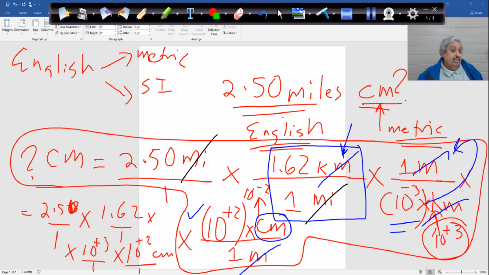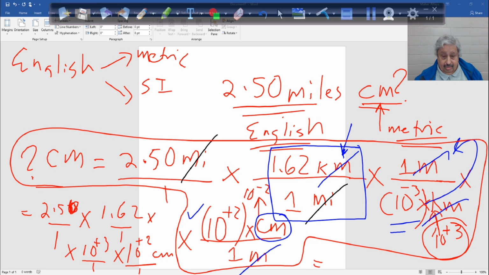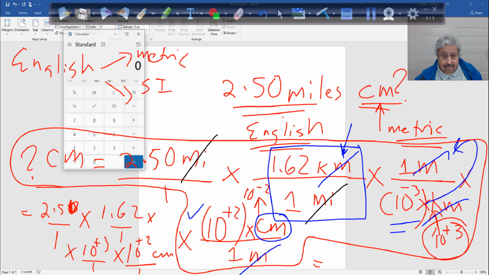Okay, guys? So you have to multiply 2.50 by 1.62, and then the powers 10 to the plus 3 and 10 to the plus 2. Let me multiply here, just give me some time. 1.62 multiplied by 2.50 is 4.05.